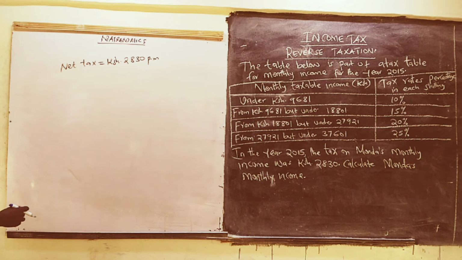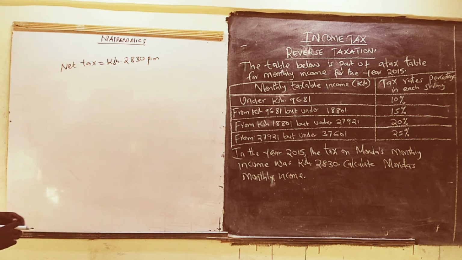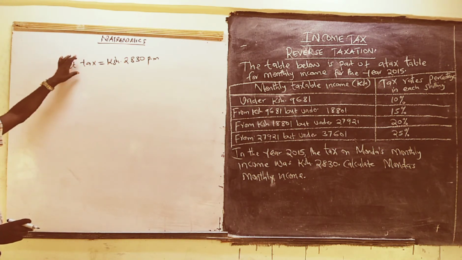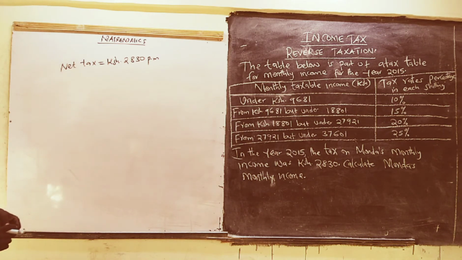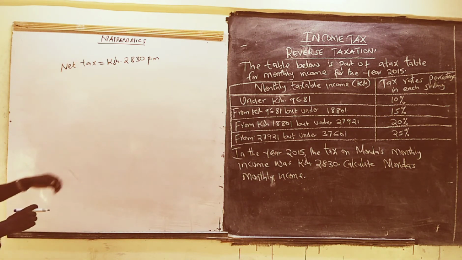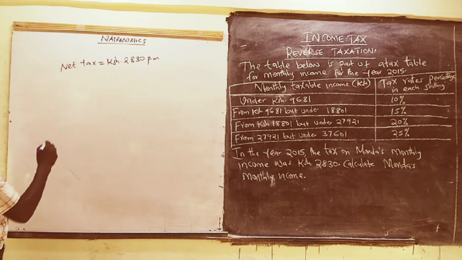So once we have our net tax, we are supposed to move back and calculate our gross tax. And we know if we take our net tax plus relief, we get our gross tax. But remember, we do not have the relief, and therefore we assume our gross tax is going to be equal to 2830.